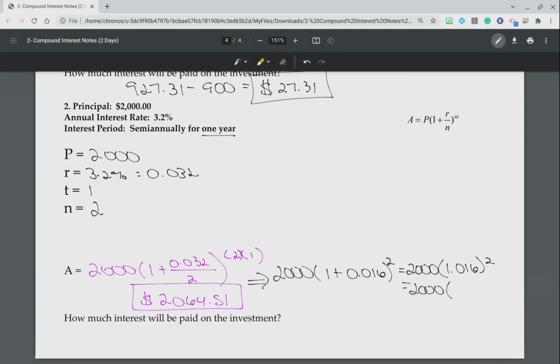So that's going to be 2,000 times 1.016 to the second power. And I got 1.03. Multiply that by 2,000. And I got the exact same thing, $2,064.51.